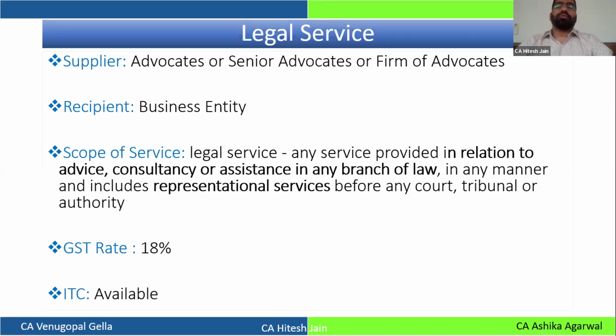What's important to note is that legal service includes any advice, consultancy, and also representational services before any court or tribunal. So if you are paying any hearing fees to any lawyer to appear on behalf of your entity to represent your case and to fight for your case, there also you are required to pay taxes under reverse charge.